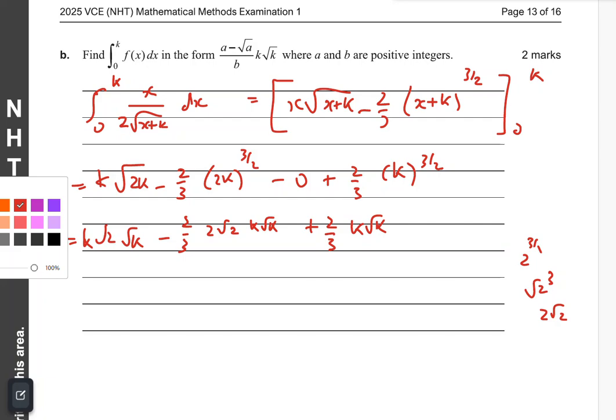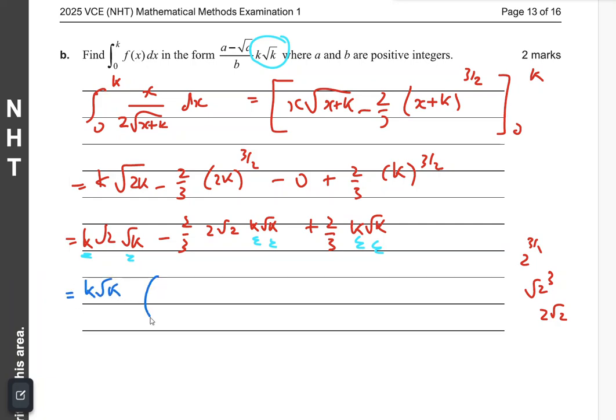Now I can see a k root k, a k root k, and a k root k, which is good because the form I need to leave it in is k root k. So I've got k root k outside of root 2 minus 4/3 root 2 plus 2/3. Equals k root k. I'm going to put all of this over 3.